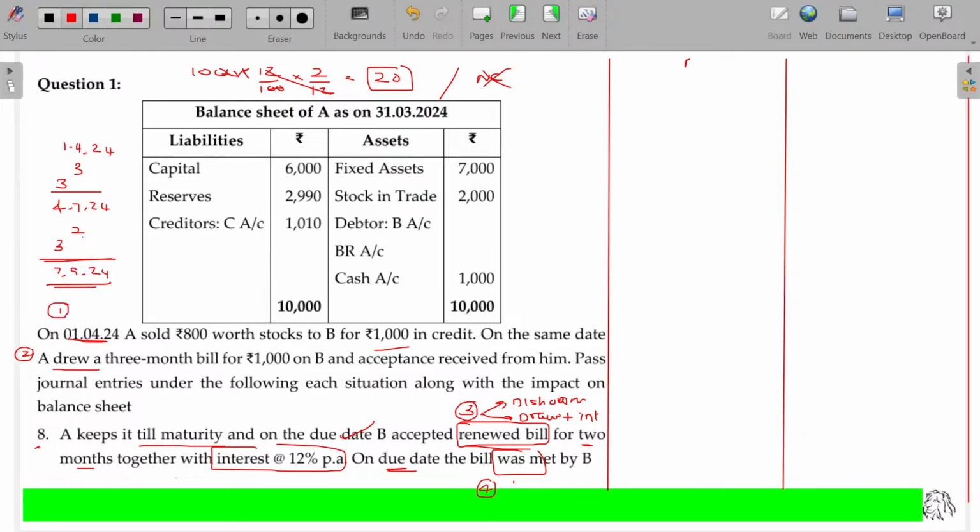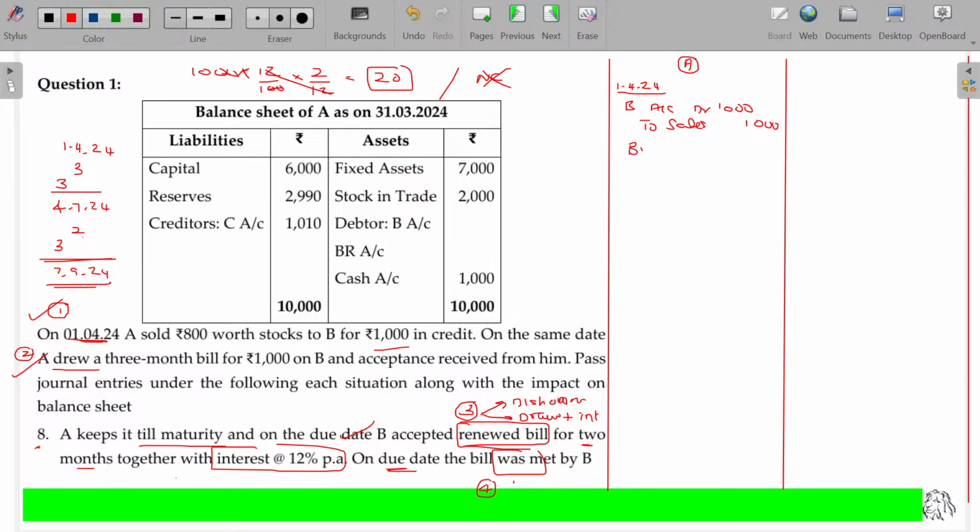In the books of A, first transaction, this one, on which date? 1/4/24, sale happened, so B account debit to sales. This value being 1000. And second transaction being A drew a 3-month bill on the same date.